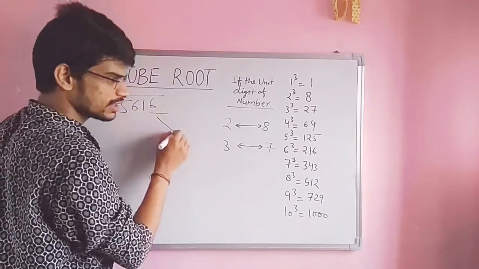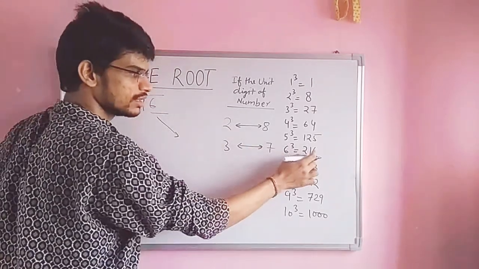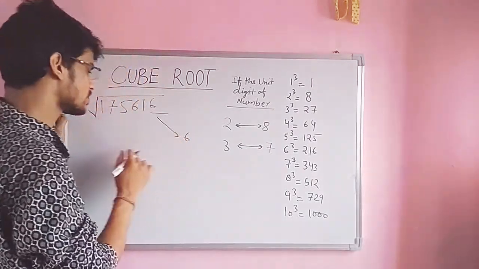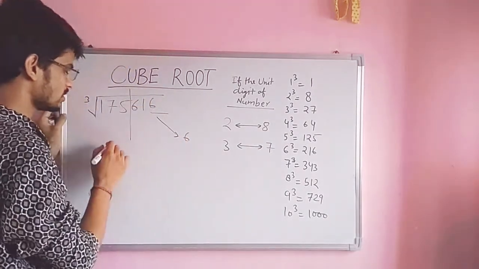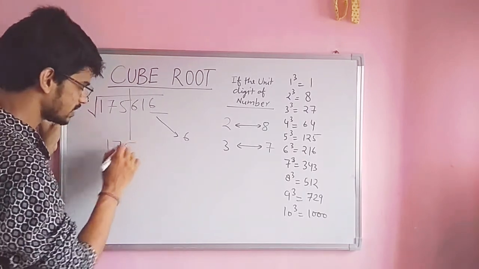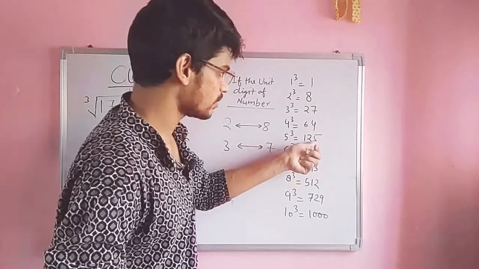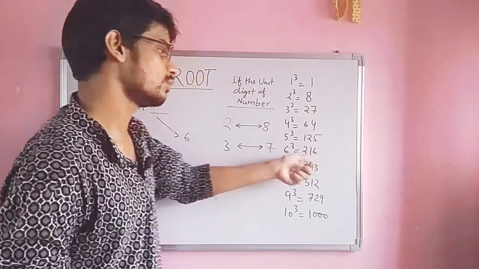The last digit is 6, which is ending on 6, then its cube root's units place is also 6. Cut the last 3 digits: 175. Now 175 comes under which range? 125 and 216.